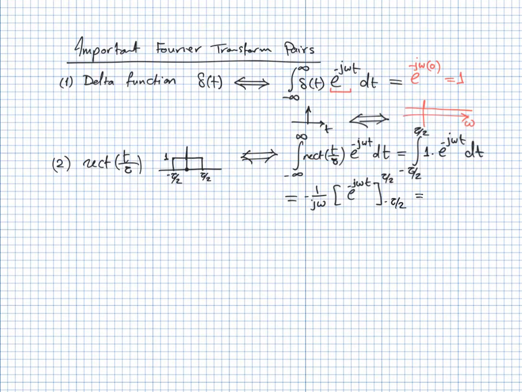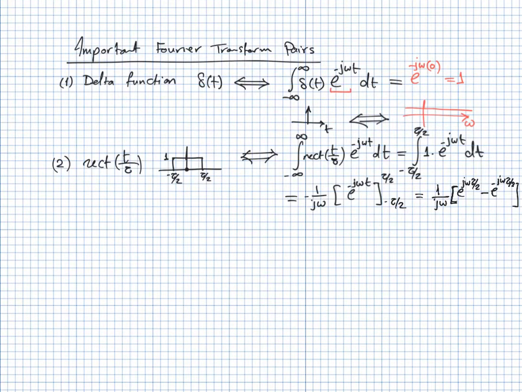So if we flip them and get rid of the negative term, we have 1 over j omega multiplied by e to the j omega tau over 2 minus e to the minus j omega tau over 2. Correct? Everyone agrees?